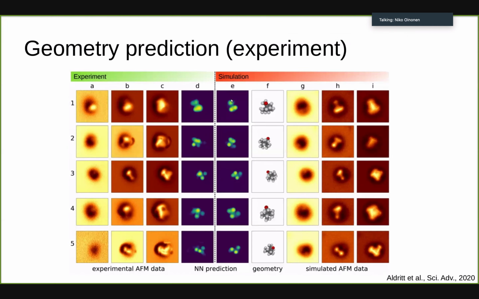Yeah, I wouldn't say the conclusion would be that this is now the exact configuration, but we get a list of likely configurations which constrict the search space, and we see that the match is reasonable both by the descriptors and also by comparing the simulated AFM images to the experimental AFM images.